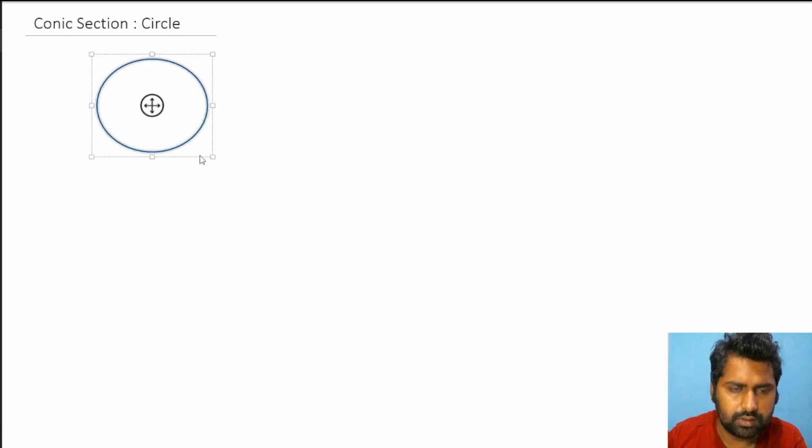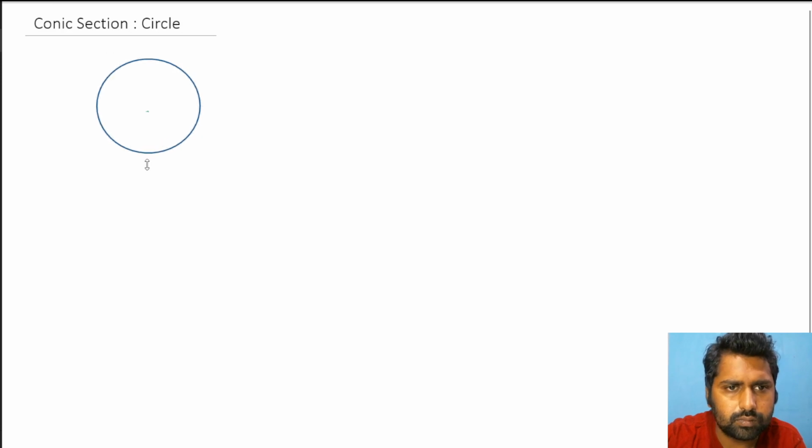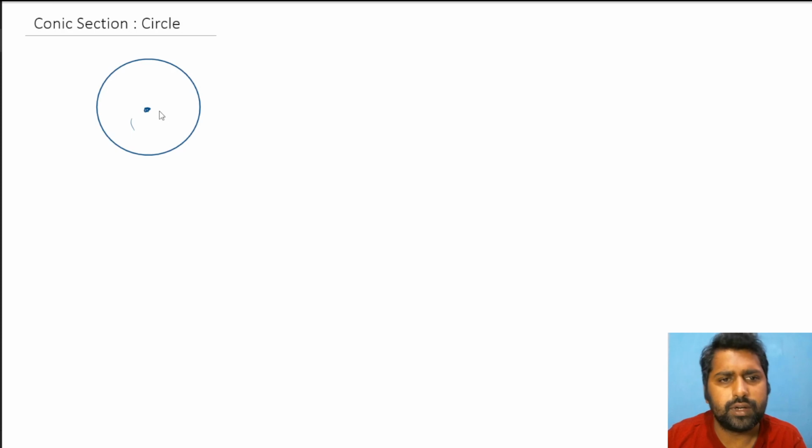So first of all, circle, how can we define it? In the circle we have a fixed point, known as center.